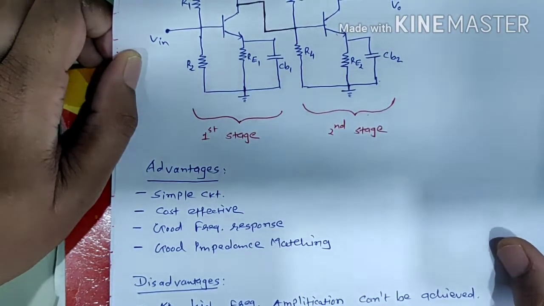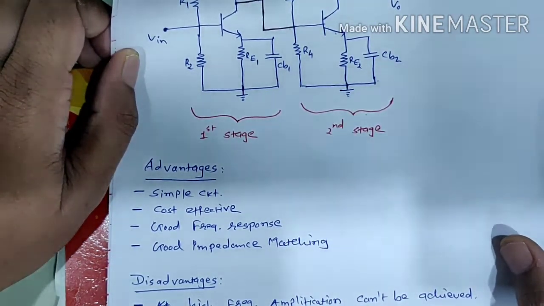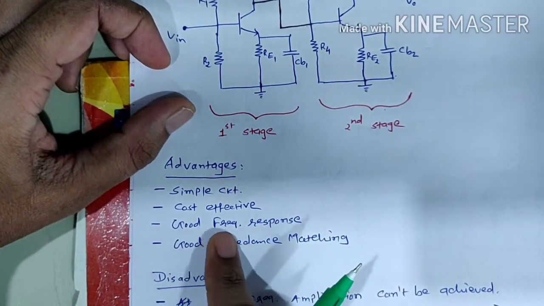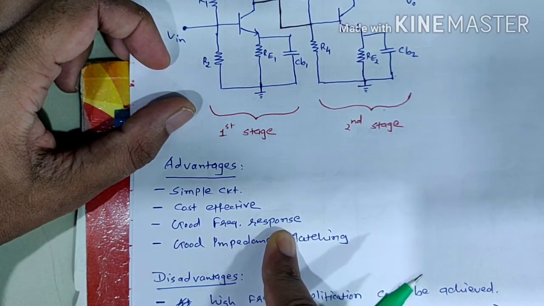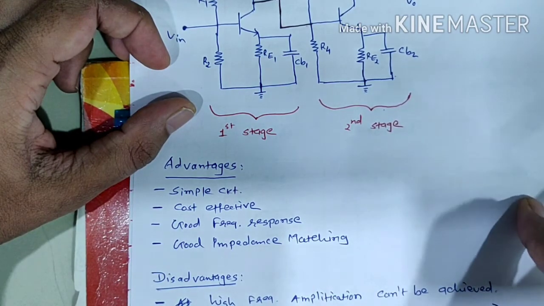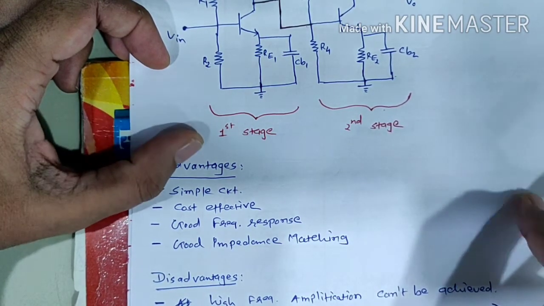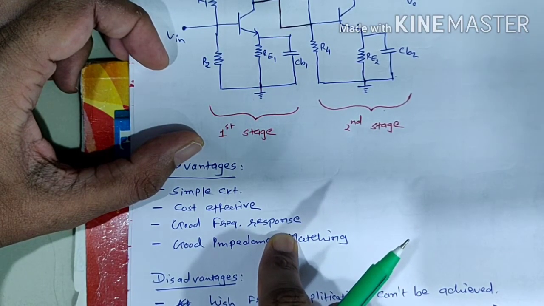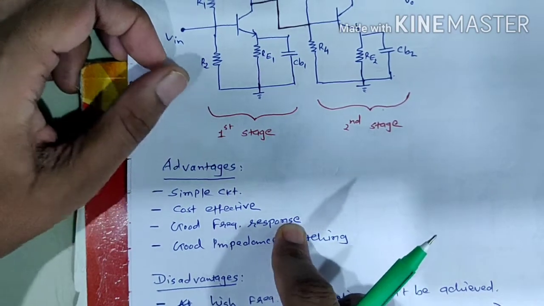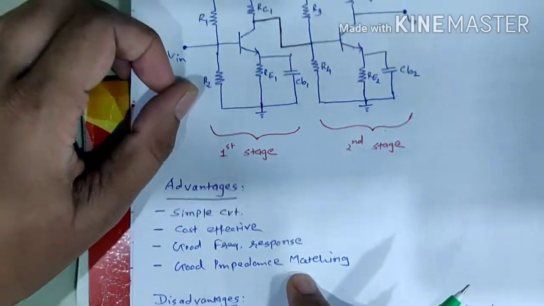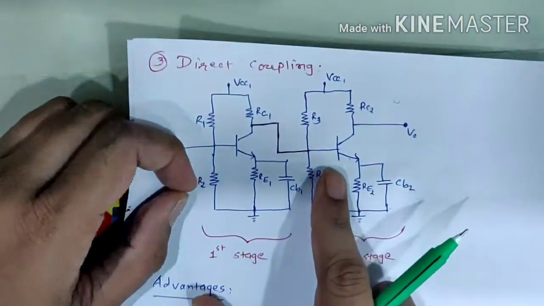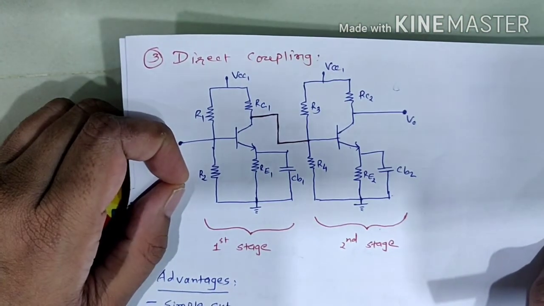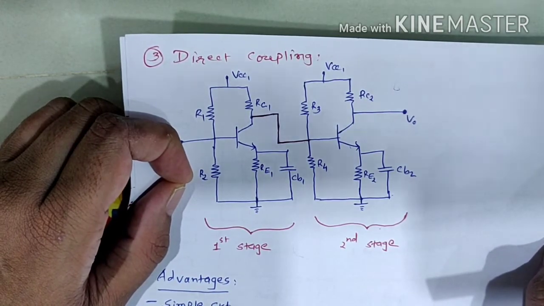These two advantages are very easily understandable. Now, the third advantage: it provides a good frequency response. Starting from 0 Hz to several Hz, it provides a very constant frequency response, meaning constant gain. Good impedance matching: it is directly coupled, so there is no problem of impedance matching. It will provide proper impedance matching from the first stage to the second stage.